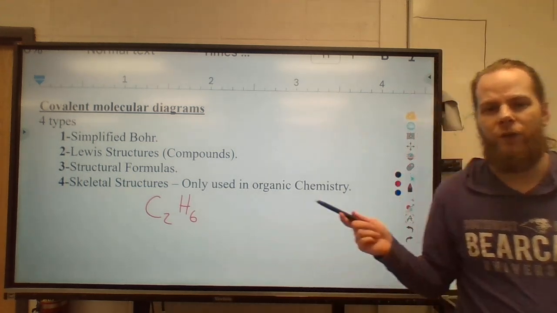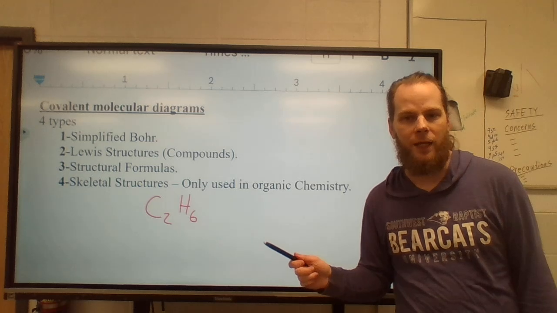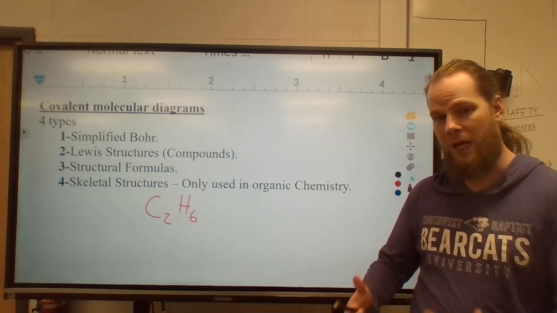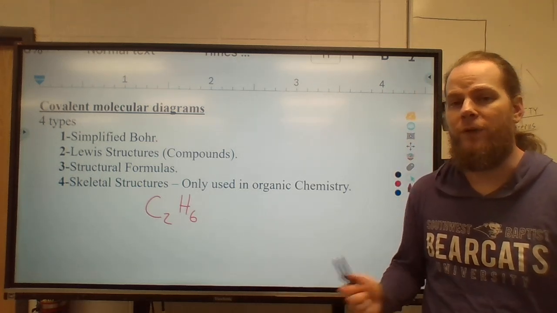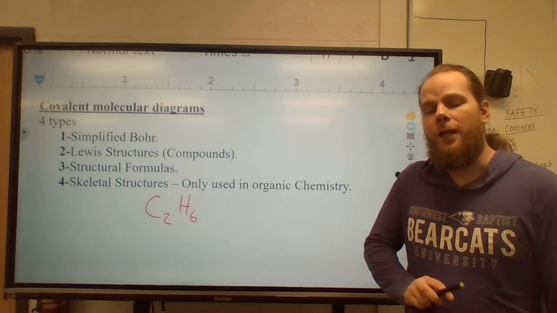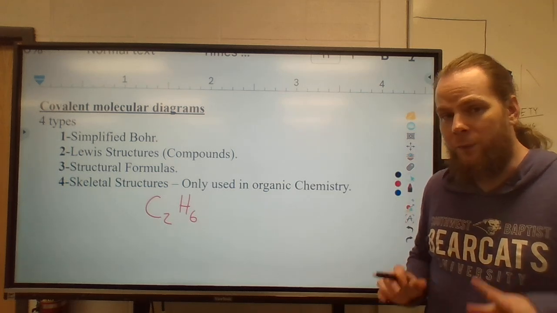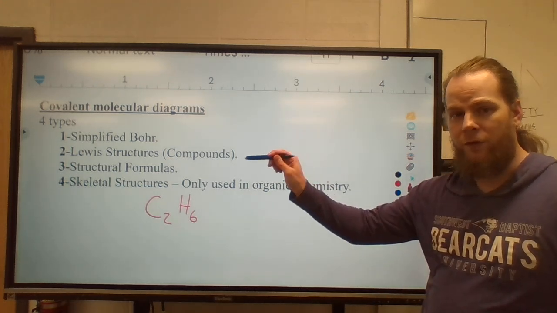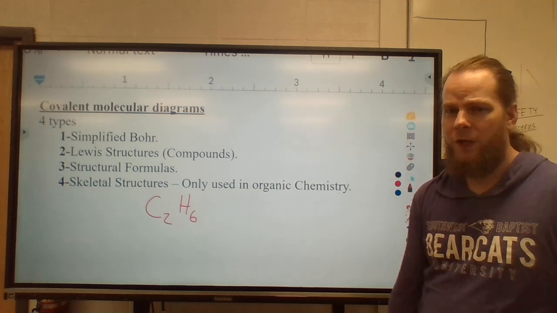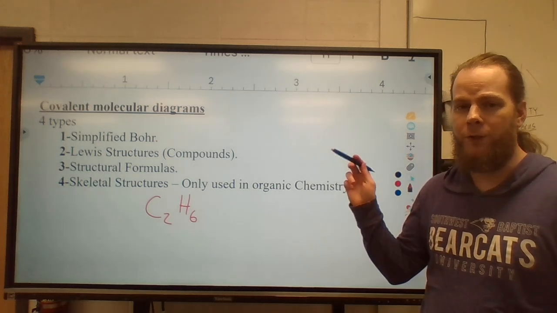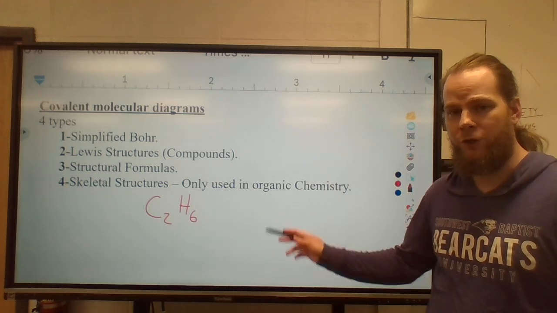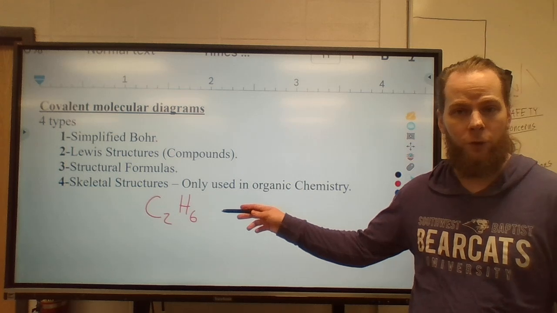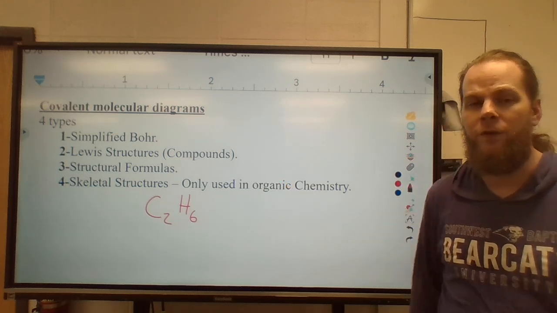Okay, so these are the 4 kinds of molecular structures or molecular diagrams that we're going to be talking about. The only one that you guys are really going to be drawing a ton of is the second one here, Lewis structures. I'm going to show you one of each of these. Specifically, I'm going to show you this molecule and what it would look like in each of these.